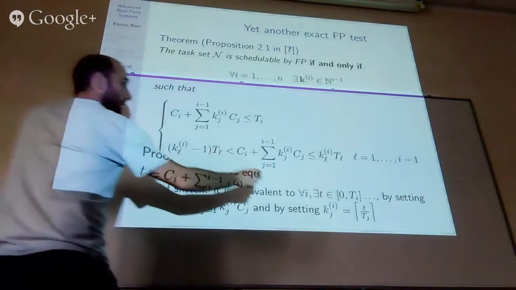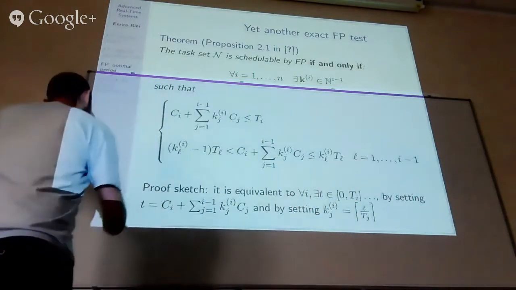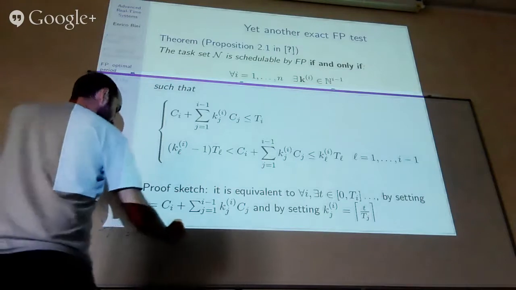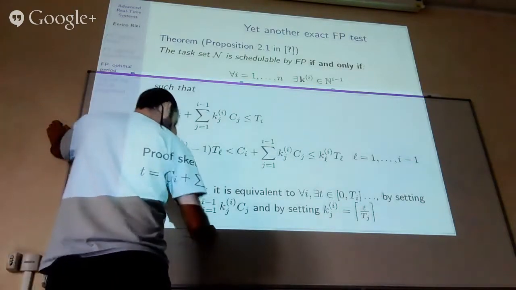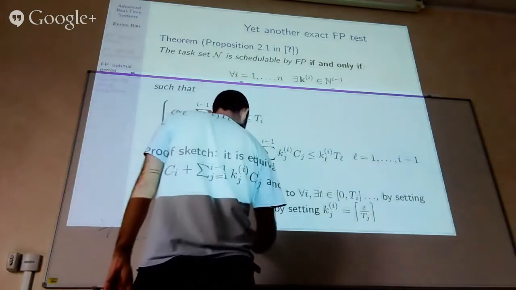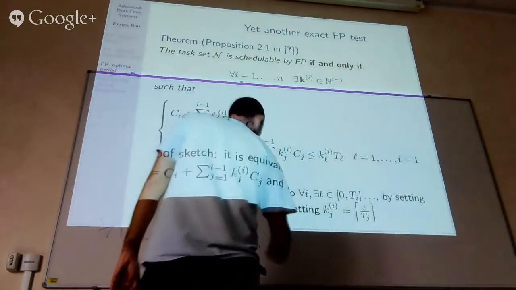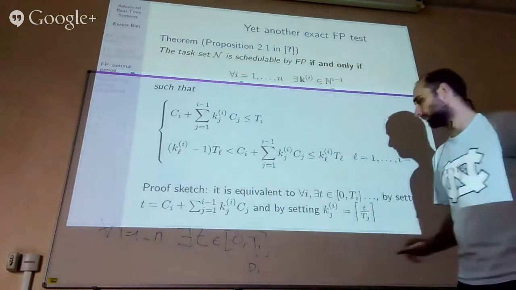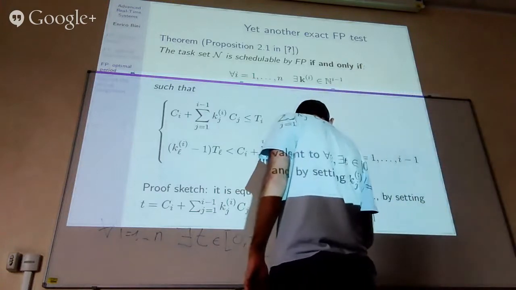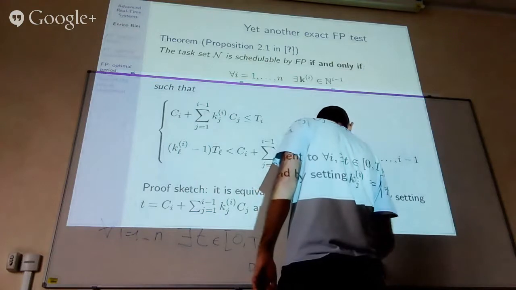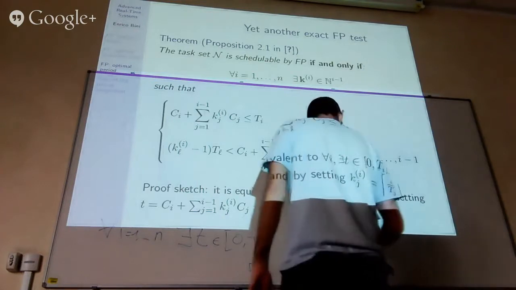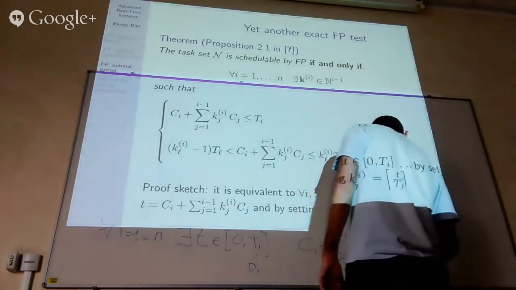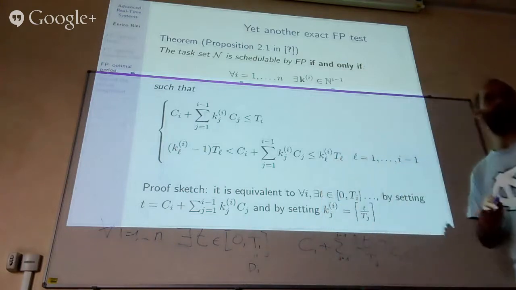Now we are in the constrained deadline case. So basically, we want that for all tasks from 1 to n, there exists a t in (0, deadline], or since I'm assuming constrained deadlines, in (0, period], such that the computation time of the task plus the interference is less than or equal to this point t.